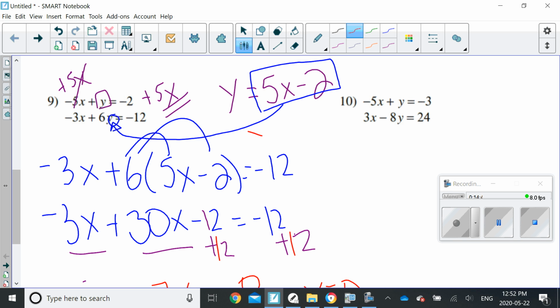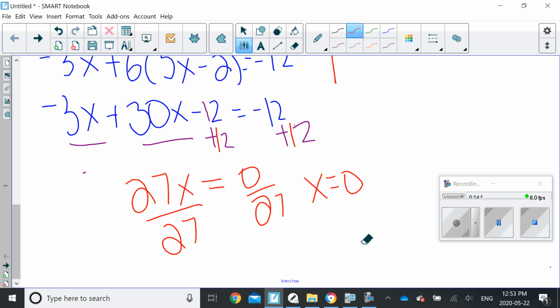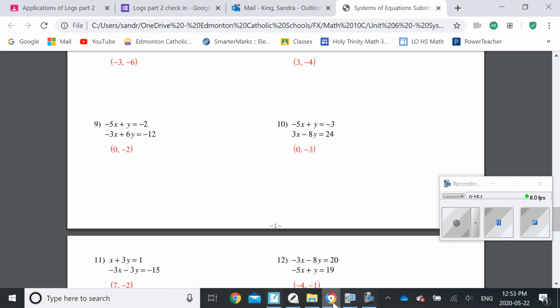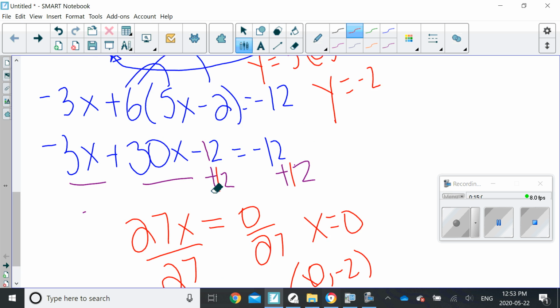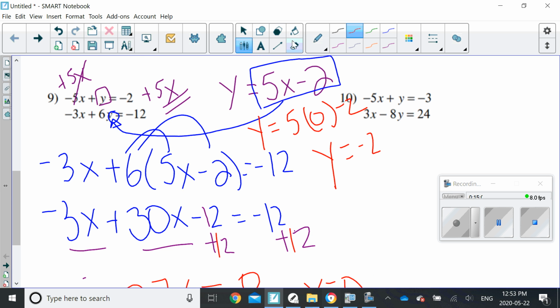So y is equal to 5 times 0 minus 2. Anything times 0 is 0. So y is equal to negative 2. And my answer, written as an ordered pair, would be 0, comma negative 2. And let's just quickly have a look and see if that's right. 0, negative 2. Yes.